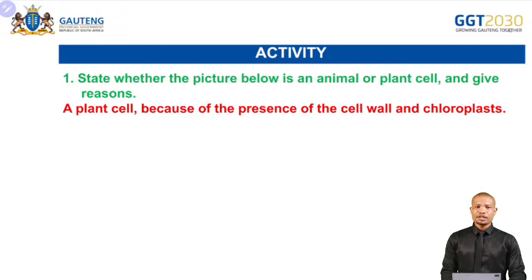If you saw the picture, it has a cell wall and chloroplasts and large vacuoles. Okay? Those are characteristics of a plant cell. Okay, because in an animal cell, we don't have a cell wall and we don't have chloroplasts. And if we have any vacuoles, they are usually small or they don't even exist. Okay, so I hope you were able to get the first question correctly. Let's move on to the second question.